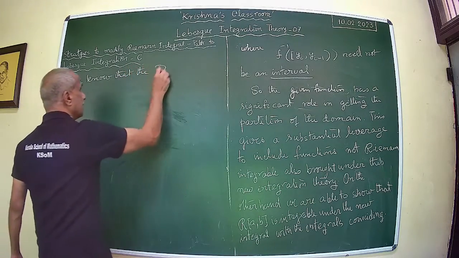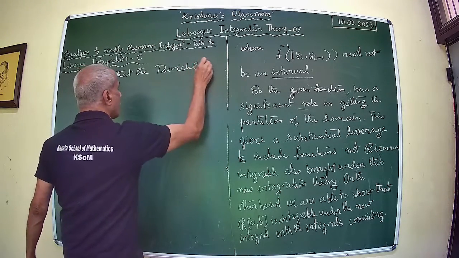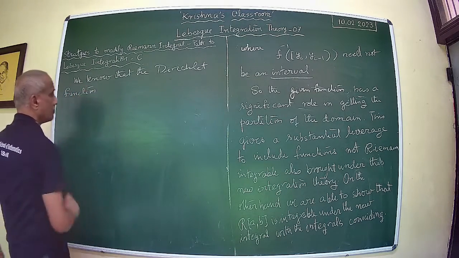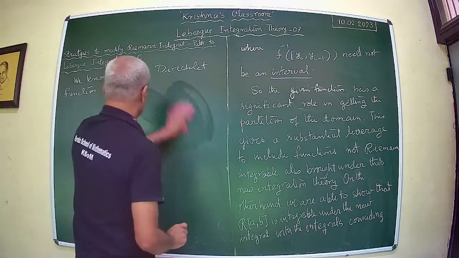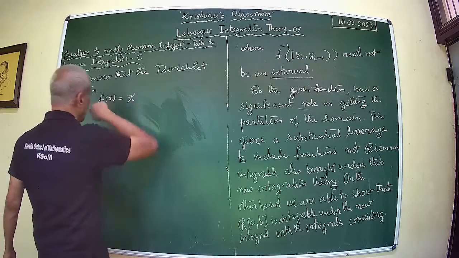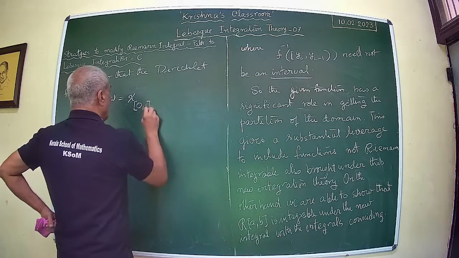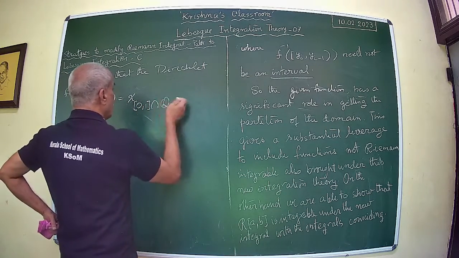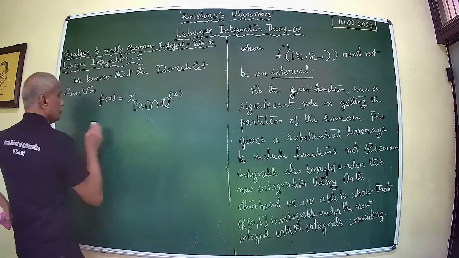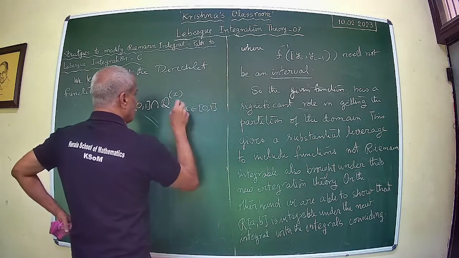The Dirichlet function is chi of the rationals in [0,1], it is not a constant.